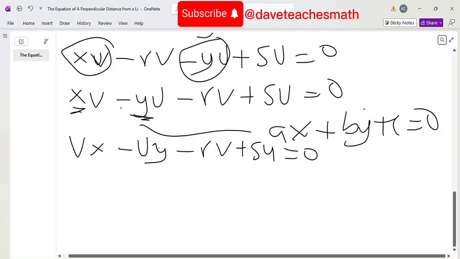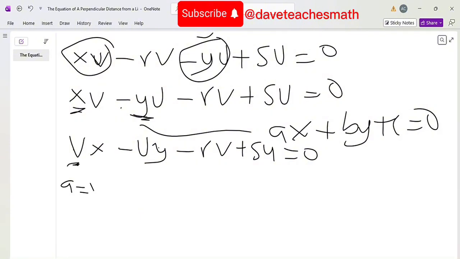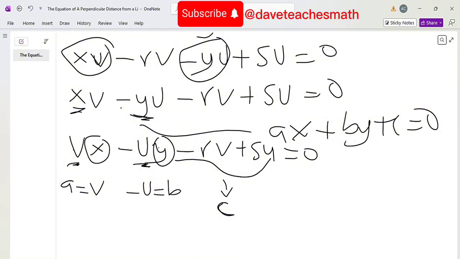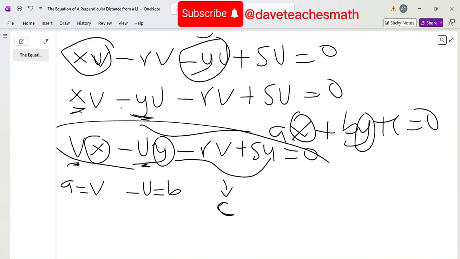So what that tells us is that v is our a, so a is equal to v, whilst u becomes our b, so negative u is equal to b. And we have all of this becoming our c, and then we have our x and y representing x and y. Alright, so this is the form that we are looking for.